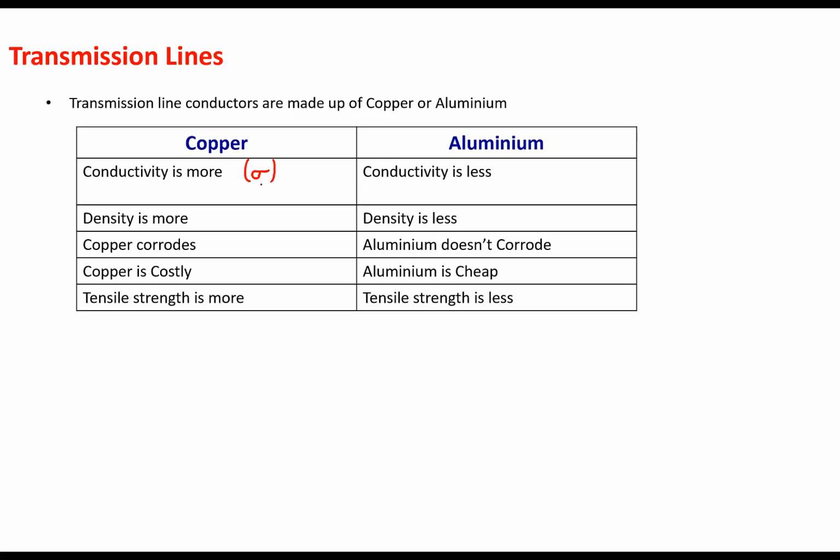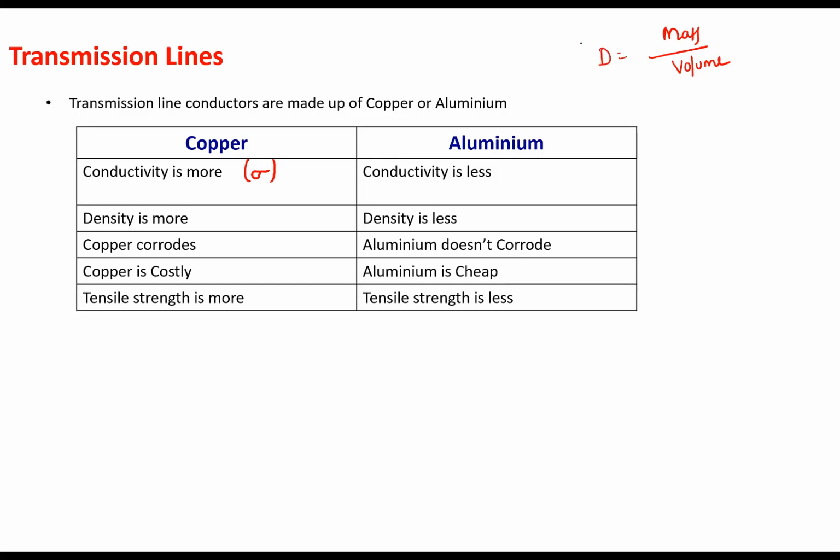So the conductivity in copper is more. The density of copper is more. What is the fundamental formula for density? Mass by volume.